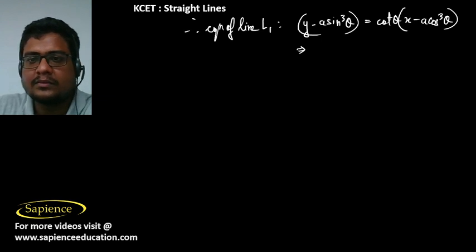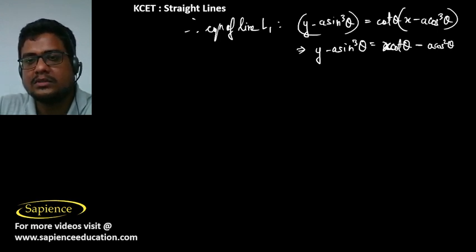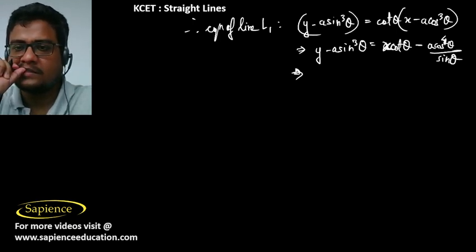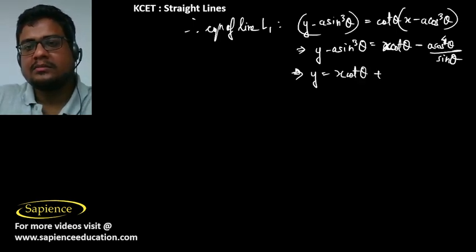So this is y - a sin³θ = x cotθ - a cos²θ · cosθ, and cotθ is cosθ/sinθ, giving cos⁴θ/sinθ. Therefore, we can write the equation as y = x cotθ + a sin³θ - a cos⁴θ/sinθ.